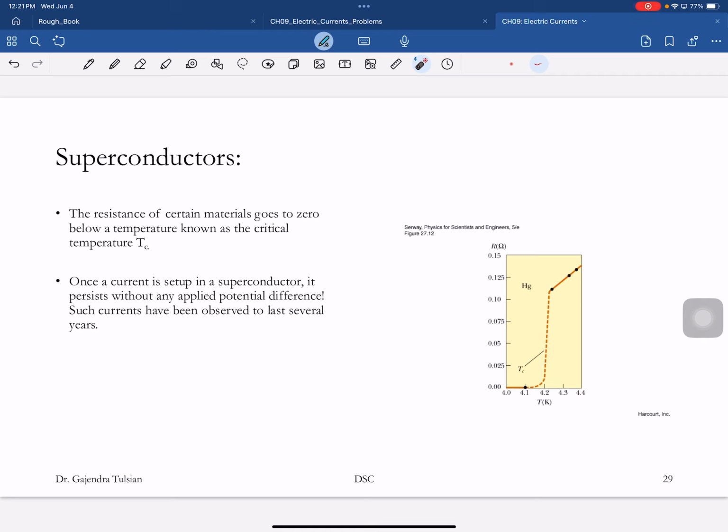It means you could run a ton of current through it without losing a ton of energy. Here's a wire. You decrease the temperature of the wire, make it superconducting, you get the current going, and then you can remove the battery, and the current will keep flowing. It's like an air hockey puck. You get it going, the resistance is 0, it'll move forever.